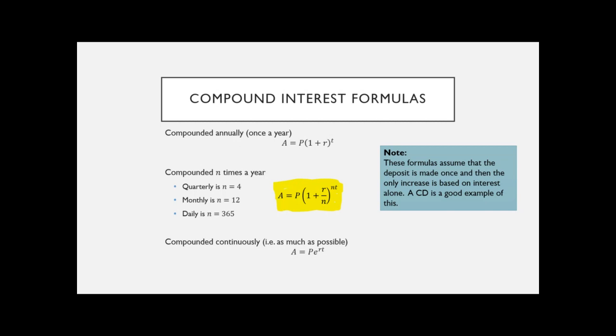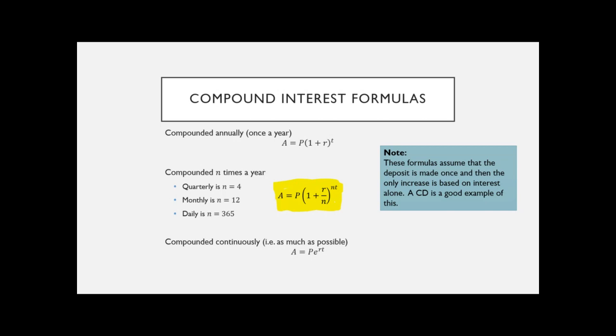If you're getting interest monthly, which happens with most savings accounts or a CD, then you're going to divide by 12. So if your interest rate is 3%, you would divide that 3% by 12. If I grab a calculator, that's 0.25% each month.